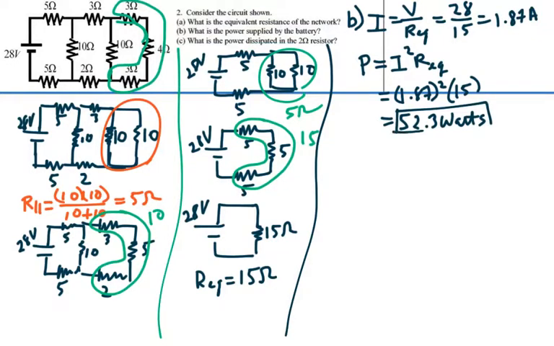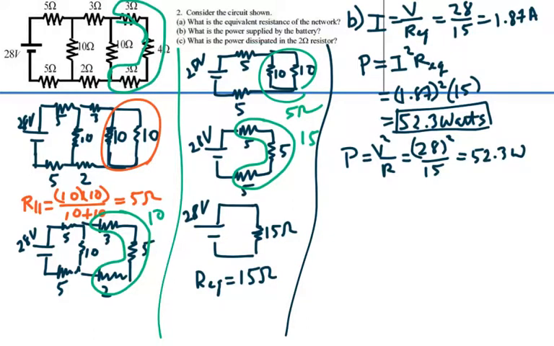Same thing could have been found using V squared over R. So if you had said 28 volts squared over 15 ohms, that should also come out to 52.3 watts.